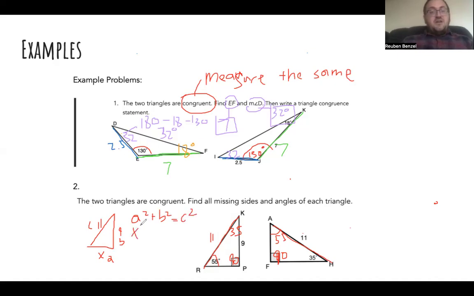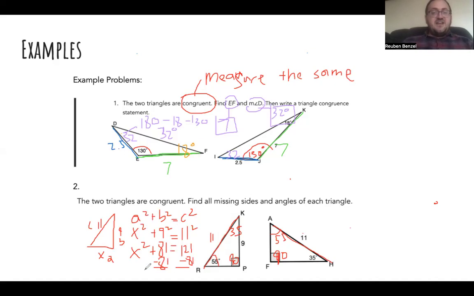So I'm going to do x squared plus 9 squared equals 11 squared. And just remember to square them out: 121. Move the 81 over to the other side.